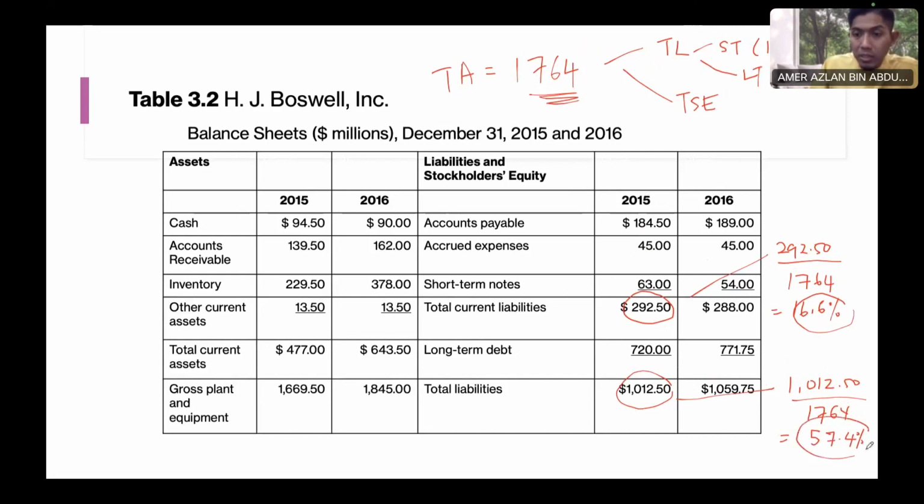Meanwhile, the total liabilities contribute around 57.4% in financing these total assets. Meaning to say, long-term debt contributes more than half as the source of the financing of these total assets.